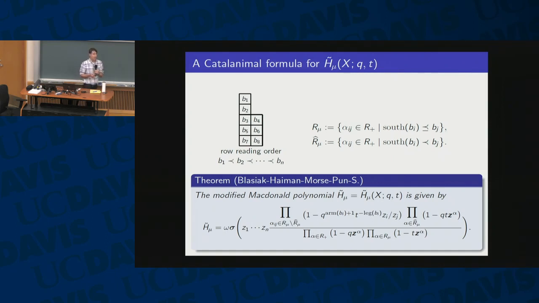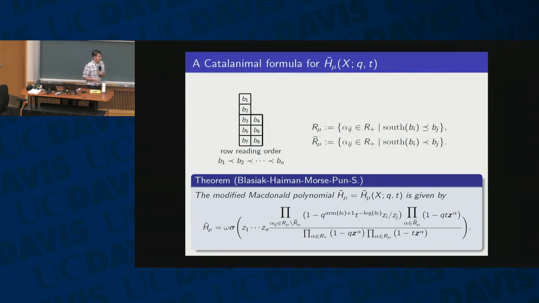So right on the q, for the R_mu hat, we just get qt-weighted terms. But then, interestingly, in the difference between R_mu and R_mu hat, we get some extra numerator terms that have qt monomials on them that are determined based on the shape of the partition.